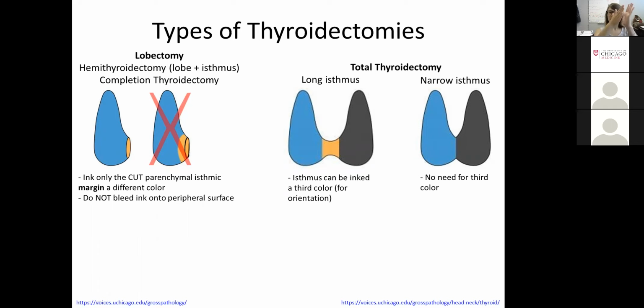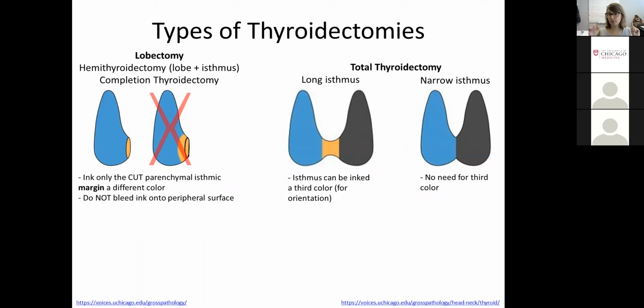Yes. So the cut parenchymal margin tells you the interface with the opposite thyroid lobe, and the peripheral margin tells you the interface with the other neck tissues. So if this is really a cancer and it is present at the margin, the surgeon will want to know, is this at the isthmic margin? I can go back and take more of the thyroid out, or is this at the peripheral margin?